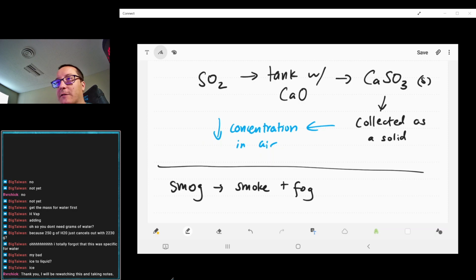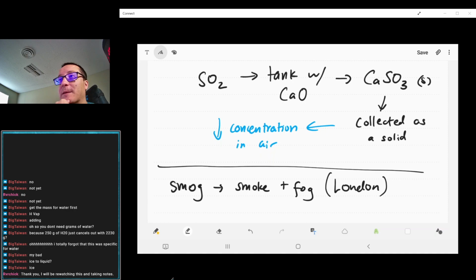But this description is more accurate to one type of smog, which is sometimes called the London smog. If you picture 1800s or early 1900s London, it's always this gray, kind of dreary place. So London typically gets quite a bit of fog.